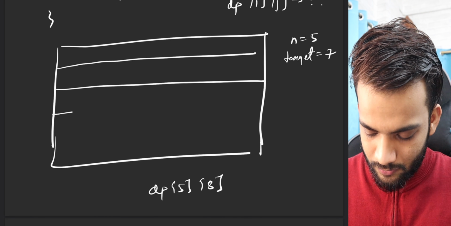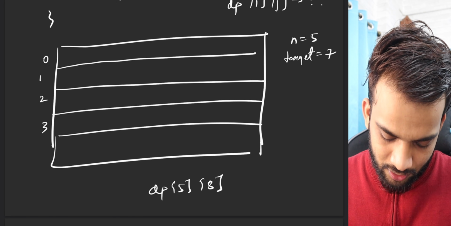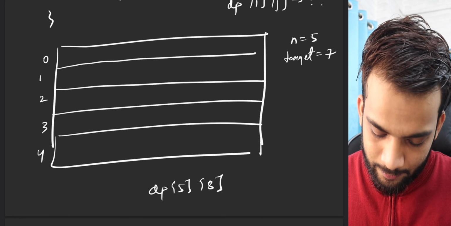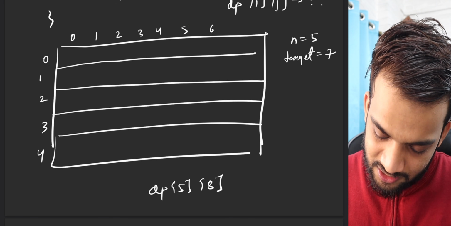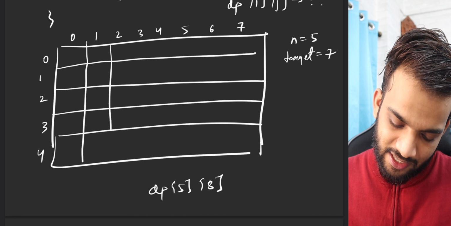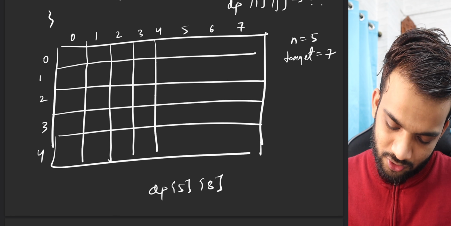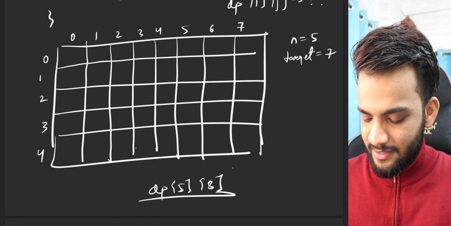So let's quickly declare the 5 rows: 0, 1, 2, 3, 4. And they'll be like 0, 1, 2, 3, 4, 5, 6, 7. So I'll also declare 8 columns. So kindly declare all the 8 columns. So this is how the DP table is declared.